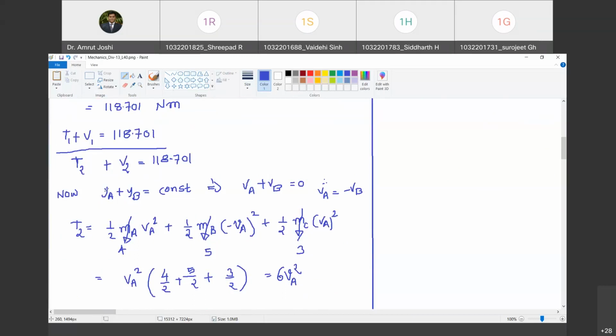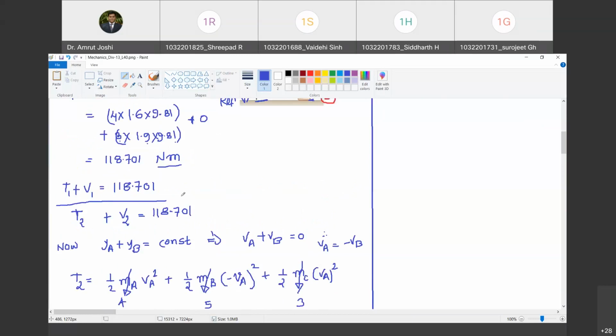That is position number 2. T2 plus V2 we have to write down with the collar, because the collar is yet to get detached from block A. So T2 plus V2 must be equal to 118.701. The unit will be Newton meter.